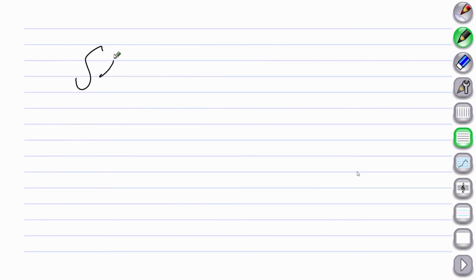The integration of ln x, let's see. I can't remember if it might be in the back of your book. That does come up quite often, but you can't do it by u subs. You have to do it by parts. Let's see here, my book is missing a page or something. Oh, here it is. Yeah, it's x ln x minus x.